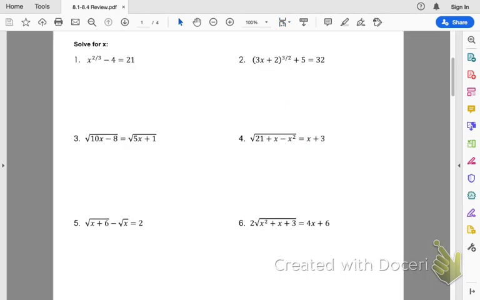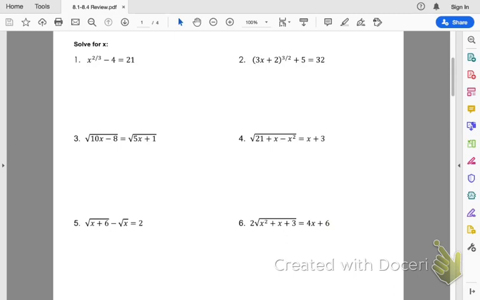This was also a part of 8.1. This was 8.1b. And 1 through 6, it's solving for x. And if you have a rational exponent, remember, you want to raise that to the reciprocal power to solve for x. So 3 through 6 are problems that we have done in previous chapters as well. So I'm going to let you guys do those.